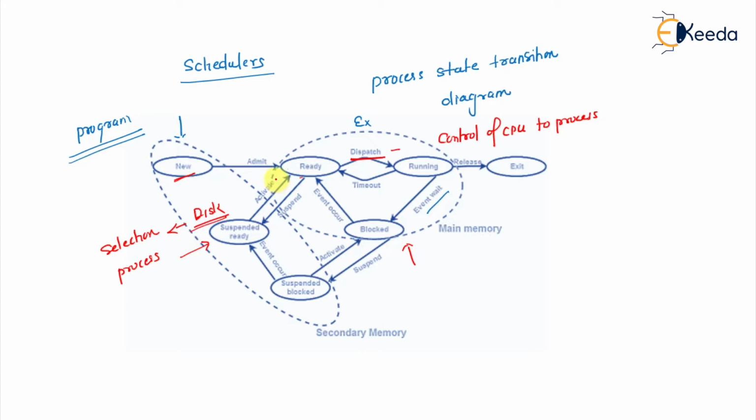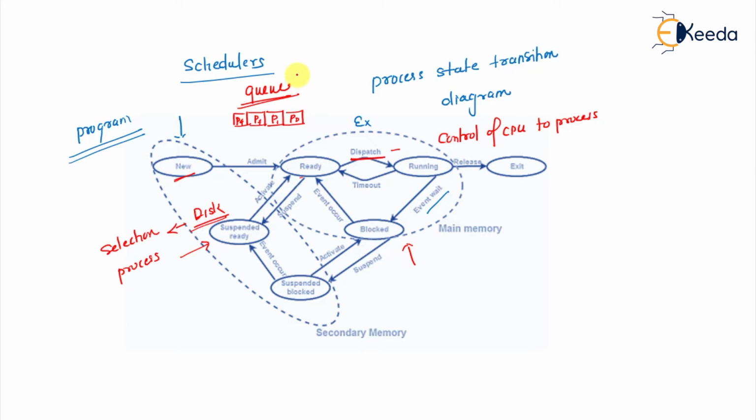Now this diagram looks very trivial, but there can be a lot of processes in the queue. There should not be a single process. So there will be a process, let's say P0, then P1, then P7, not necessarily in the same order, and then P4. So there must be some sort of queue.